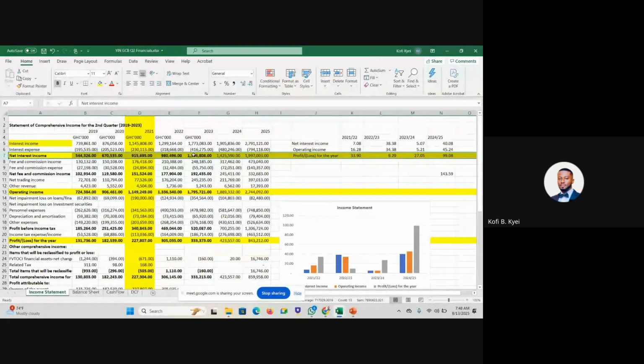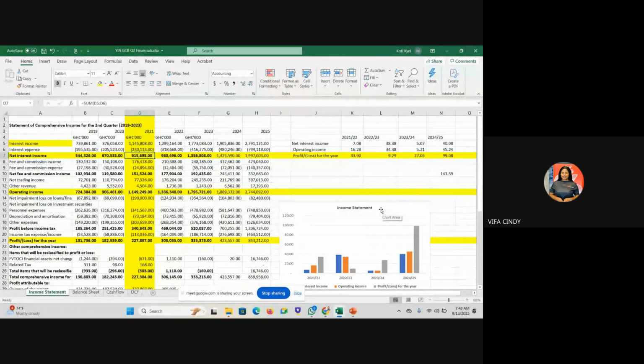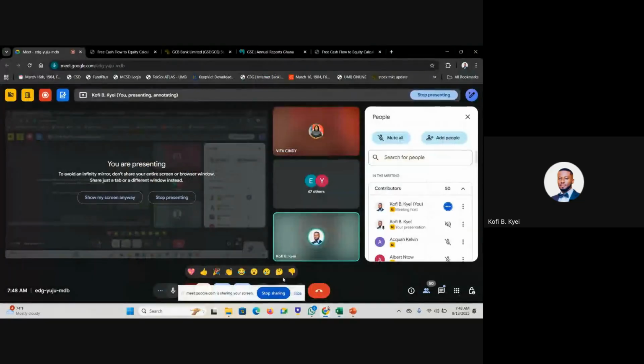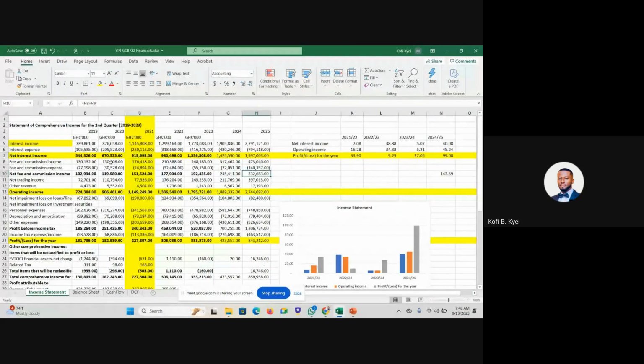Kofi, please, we can't see the line for net interest income. You can't see the screen? You can see the screen. I can see it too. Are you on the Excel sheet or the website? He's on the Excel sheet. Yeah, I'm on the Excel sheet. It could be your network. Oh, okay. I'm using Vodafone. Which network are you on?